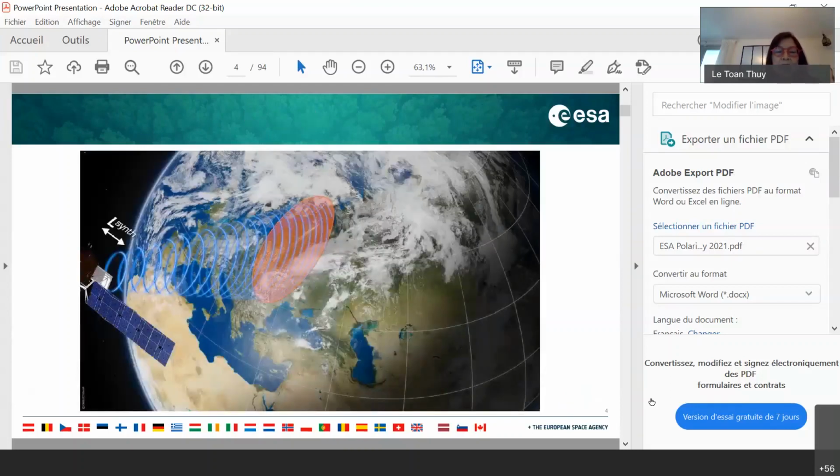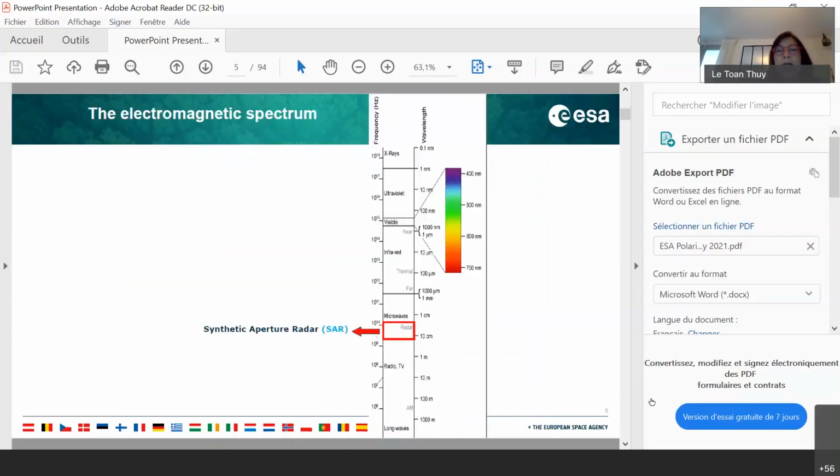Okay, the first thing is the SAR mission. A SAR mission orbits over the Earth, transmitting radar waves, and usually it carries a synthetic antenna to generate a wave to the Earth. And the radar works in the radar or microwave part of the electromagnetic spectrum.